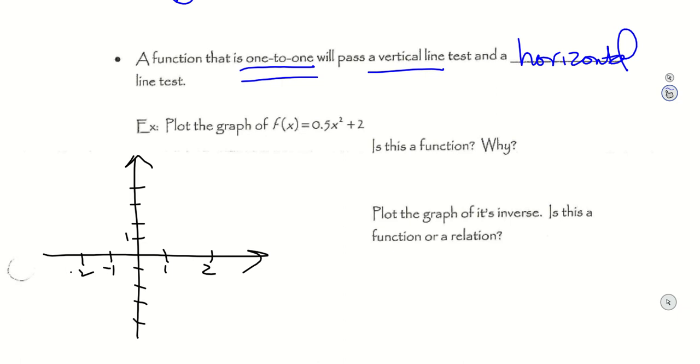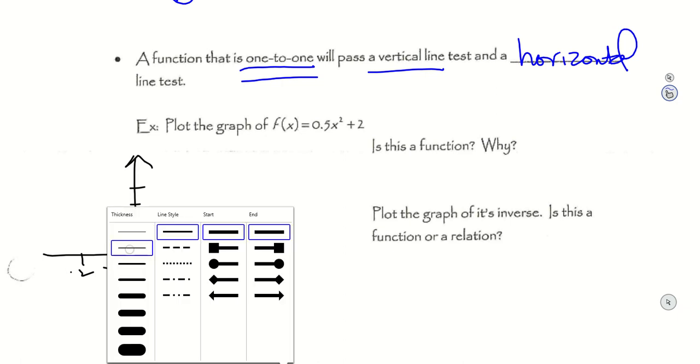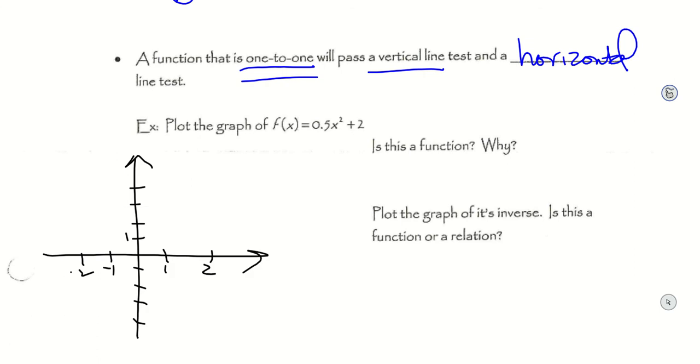So we had the points -2, 4. That was here. We had the point -1, 2.5. That was here. We had the point 0, 2, 1, 2.5, and we had the point 2, 4.